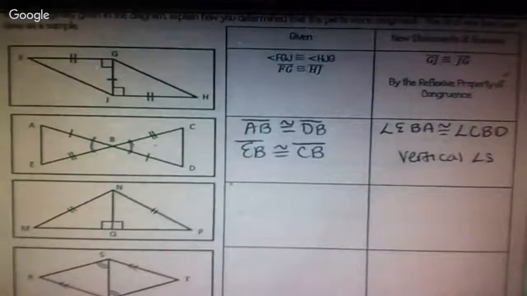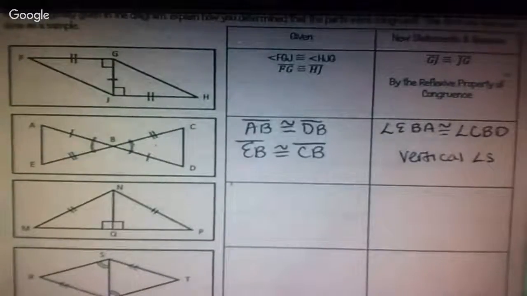So now that you have 3 pieces of information, what postulate is this that we learned yesterday? Side, angle, side. Yes. So now that you can prove that those are vertical angles, you can say that these triangles are congruent because they're side angle side.